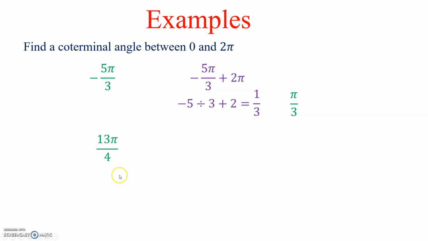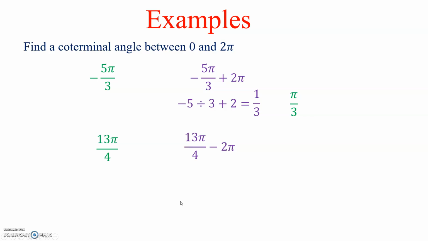We'll do another one. 13 pi over 4. Now, again, if you understand, this is still an improper fraction. 4 goes into 13 3 times with 1 left over, which means we are greater than 2 pi. So here, the only way I can get between 0 and 2 is to subtract.